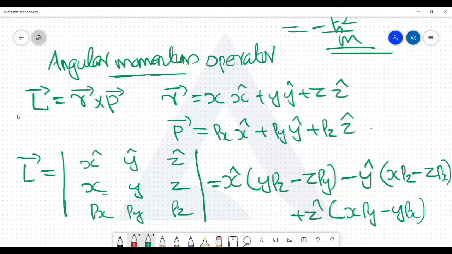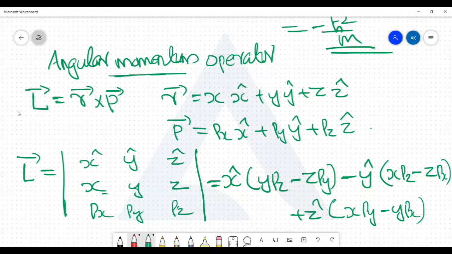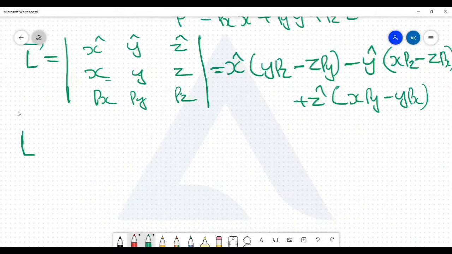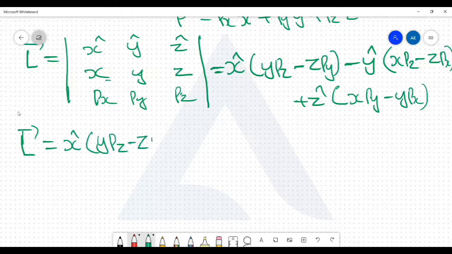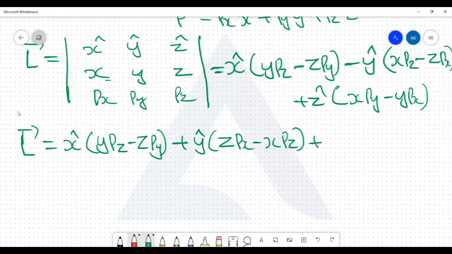So on rearranging, I will get L vector equal to x-cap into (y pz minus z py) plus y-cap into, taking the negative out, (z px minus x pz) plus z-cap into (x py minus y px).